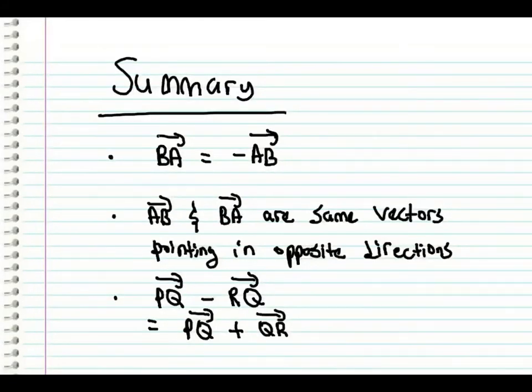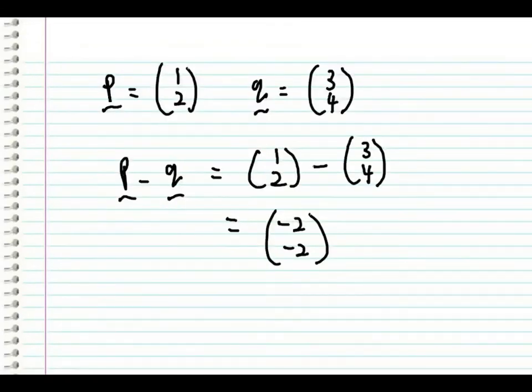We do this because we have learned how to add vectors. Now, how do we compute the subtraction of vectors using matrices? If I want to find P minus Q here, I simply subtract the two matrices.